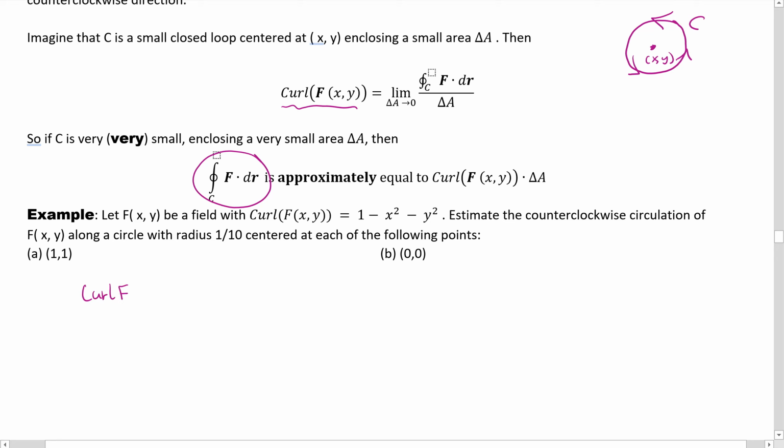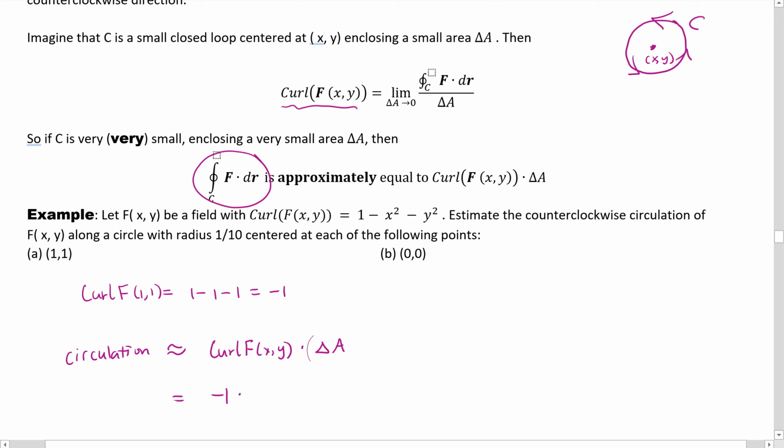Well, x is 1, y is 1, so our answer is minus 1. Then our circulation is approximated by the curl at that point times the area of that little piece.